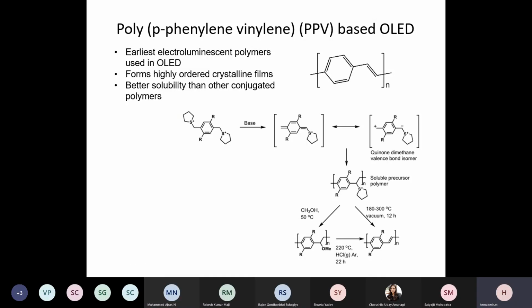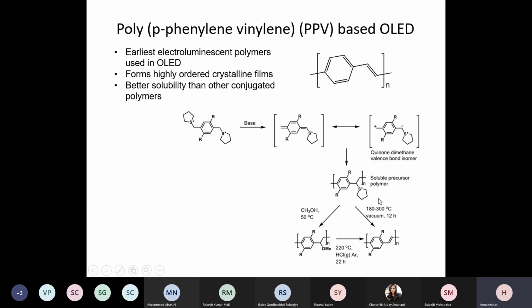So it's slightly unusual and different from other conjugated polymers we talked about. Polyacetylene we did by Ziegler-Natta catalyst, polythiophene by oxidative process, and same with polypyrrole. For PPV, it just has a slightly unusual synthesis process.